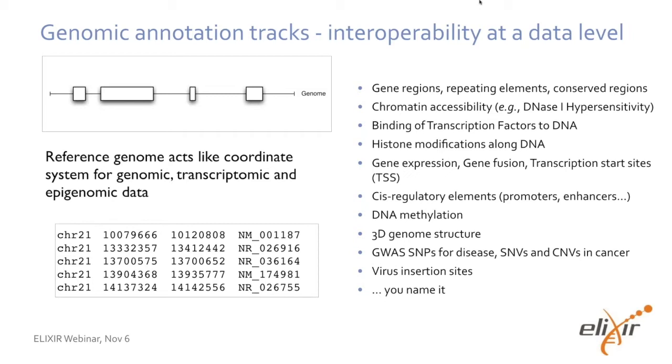It could be genomic, transcriptomic, or epigenomic data. I'm listing some examples here, but there are plenty more. These are things that happen in the DNA or things that are connected to proteins, for instance. The 3D structure of DNA could also be handled as tracks, as well as virus insertion sites and others.